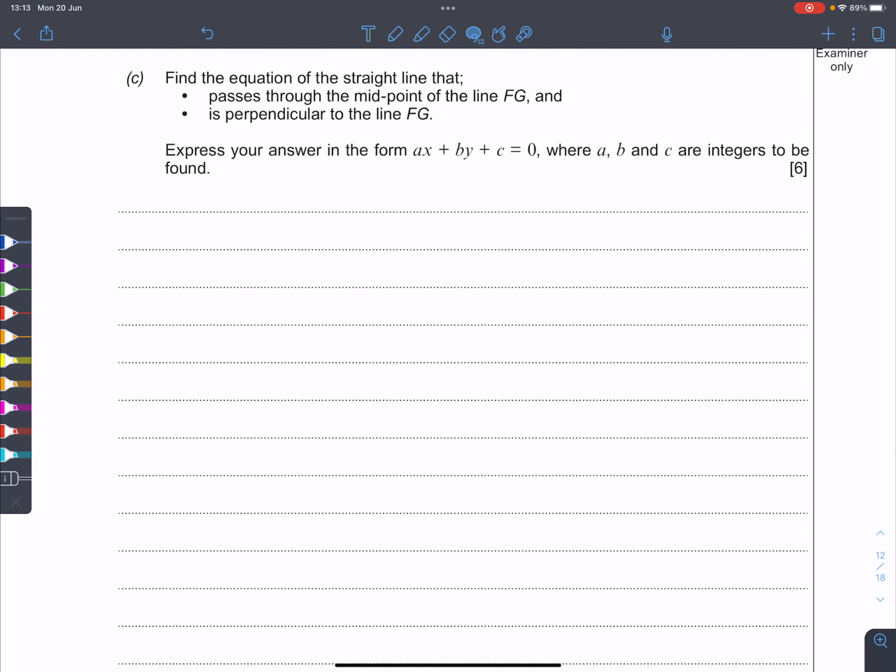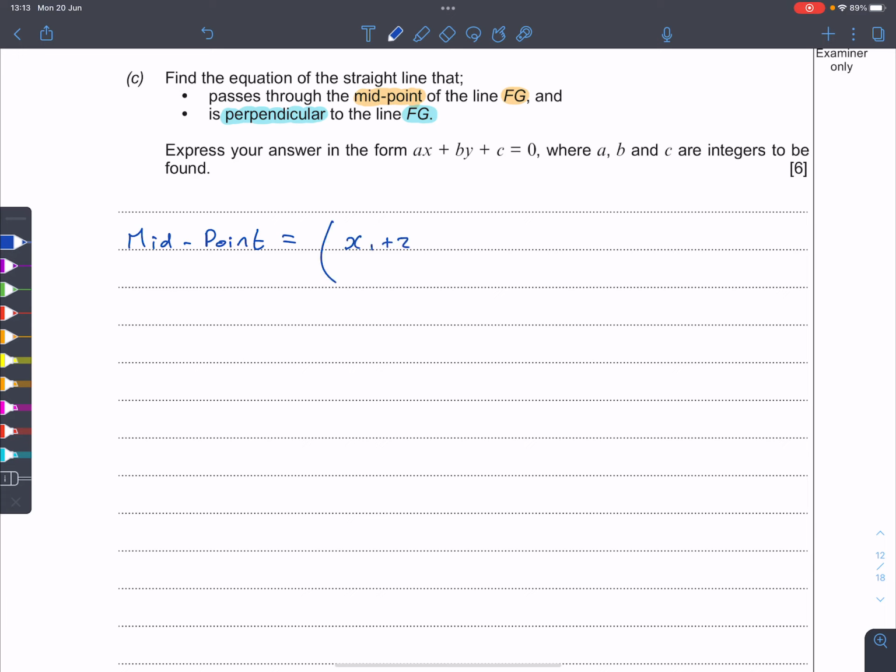Okay, part C. So we want to find the equation of the straight line that passes through the midpoint. So I need the midpoint of FG and is perpendicular to FG. Okay, so let's find the midpoint first. So the formula for the midpoint is we add our x's together.